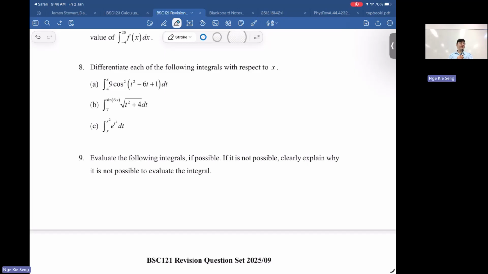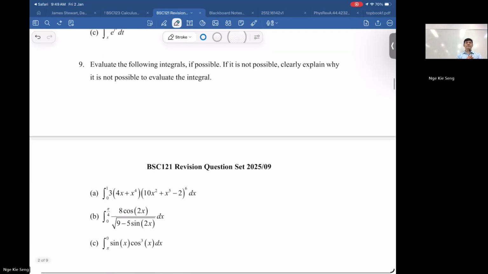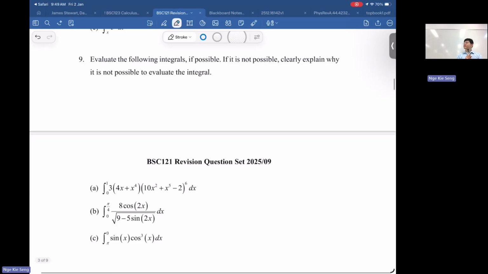Pick one. Which one do you want to pick before we take a break? You can see from your revision sheet. Pick one, we can do it together.